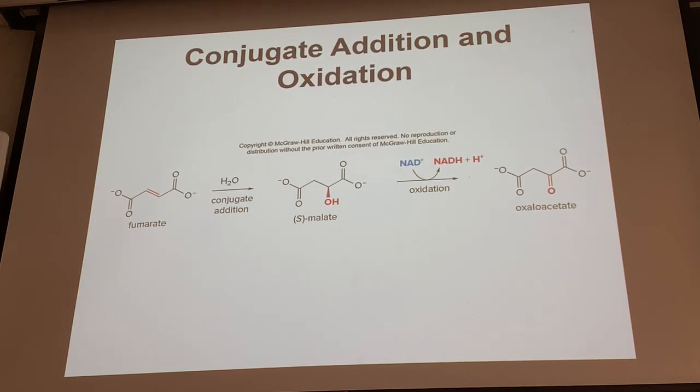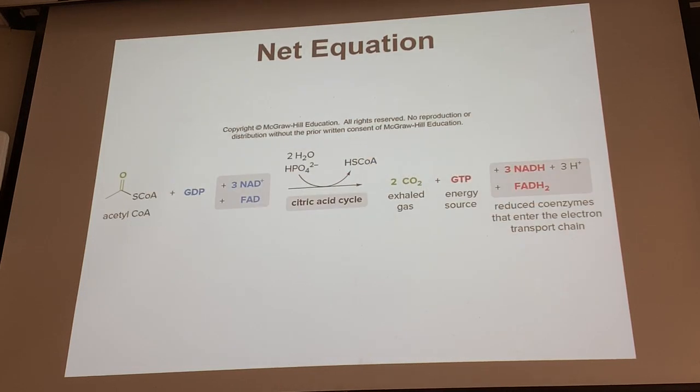So you'll see that the last three steps of the citric acid pathway are the same as the first three steps of beta oxidation. Okay, we're doing an oxidation, a conjugate addition, and another oxidation. Okay? So if we look at the net equation, you can see that for each acetyl coenzyme A that goes through the cycle, we get 2 molecules of CO2.